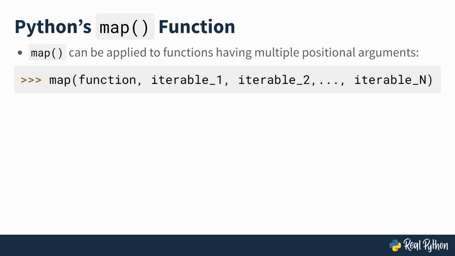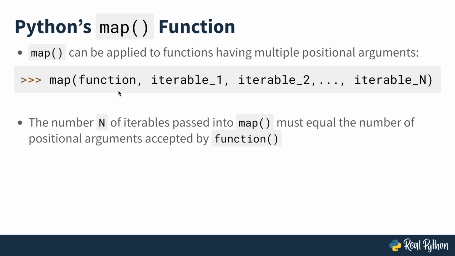And so then that would yield the first item returned by the map iterator. And then the next item that's returned or yielded by the iterator is obtained by taking the second element of each of the iterables and evaluating the function, and so on. So it's clear then that the number of iterables n that's passed into the map function has to equal the number of positional arguments accepted by function.